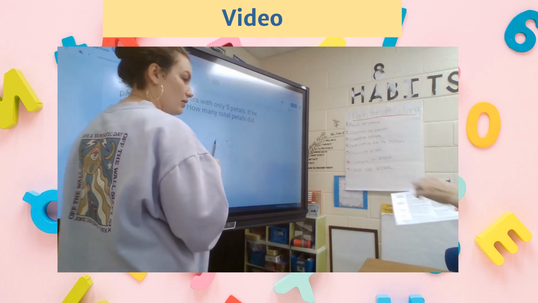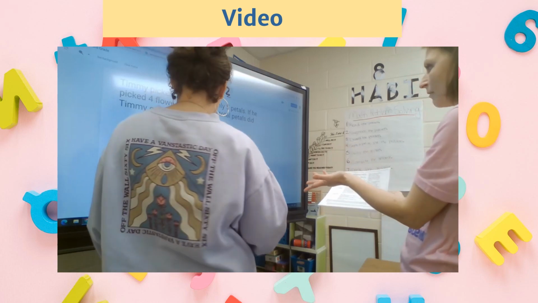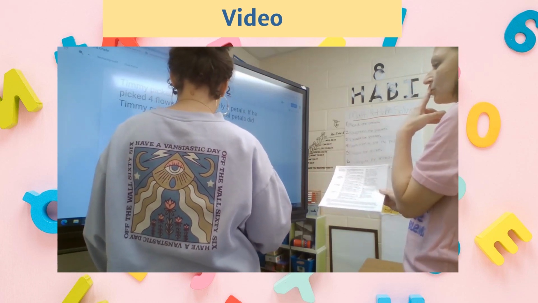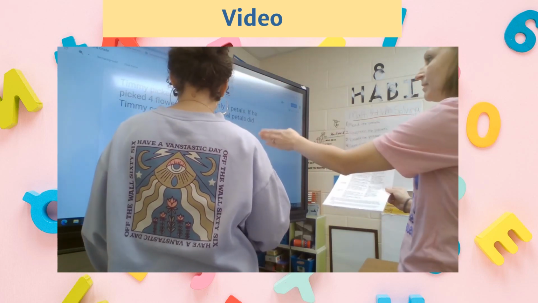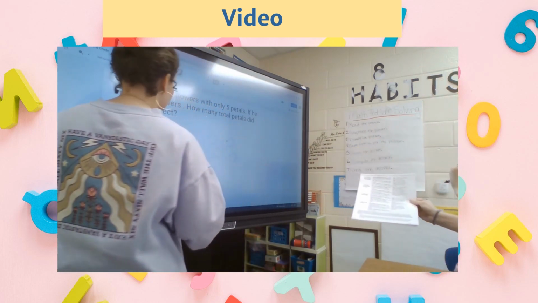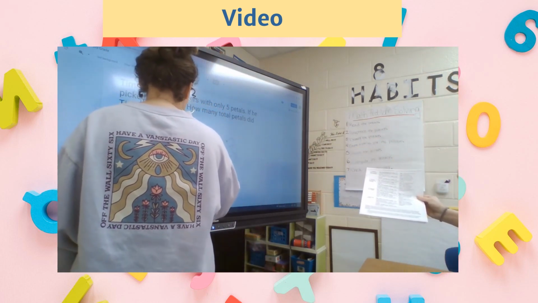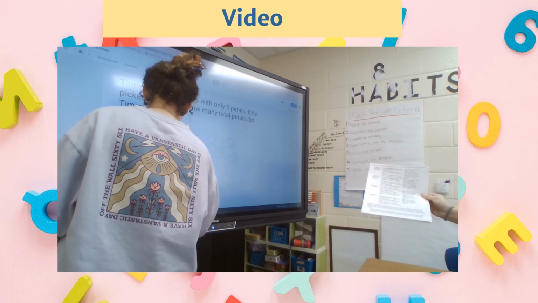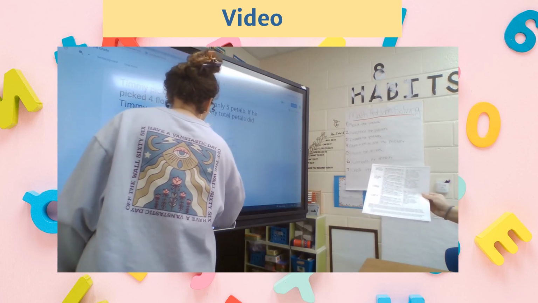Okay, the next step is to create a plan to solve the problem. So you can write how many petals you have under each flower. Okay, so on each flower I have 5, so right. I'll write 5 under each flower.